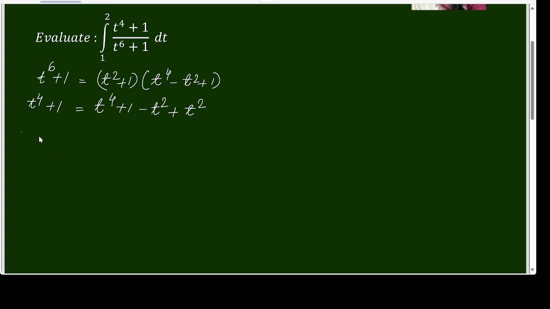So writing the numerator in this way, t^4 + 1 - t^2 + t^2, and the denominator in factor form (t^2 + 1)(t^4 - t^2 + 1) whole dt.